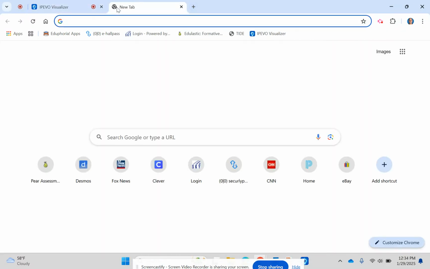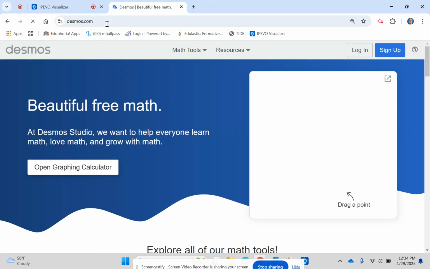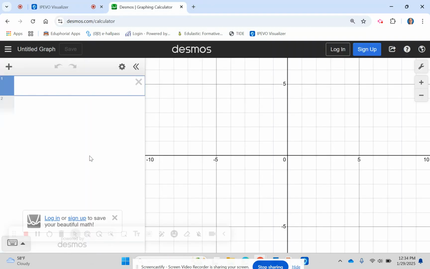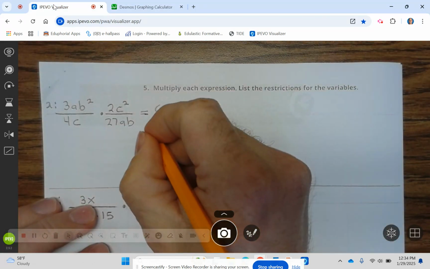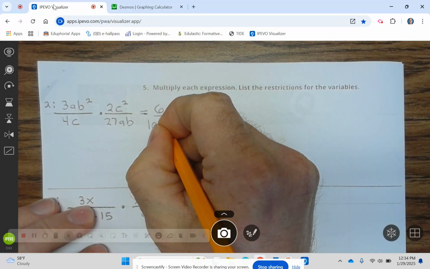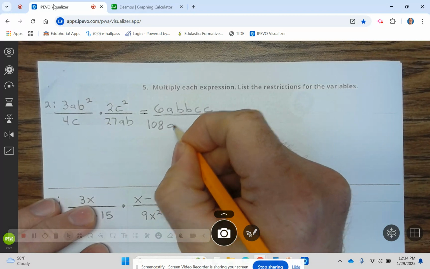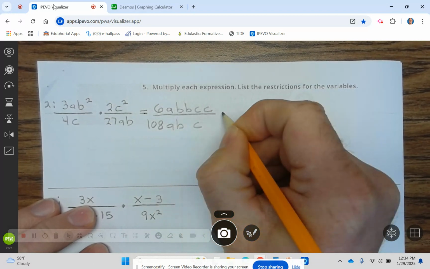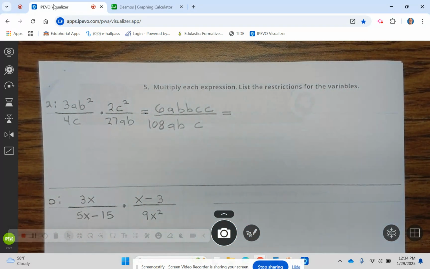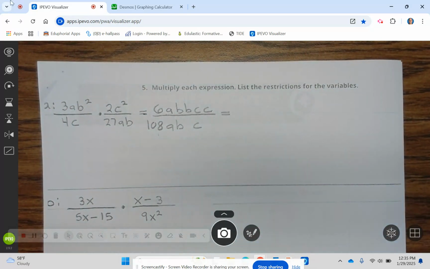Let's go ahead and open in Desmos. So then I'm going to do 4 times 27 is 108. And then we have A, B, C. Well, let's find out what this reduces to be.